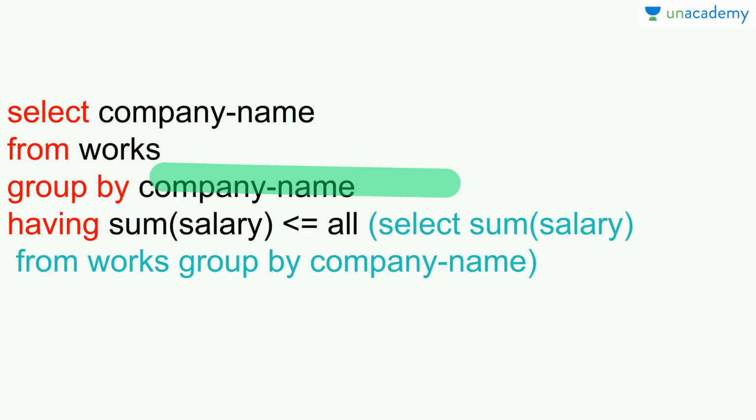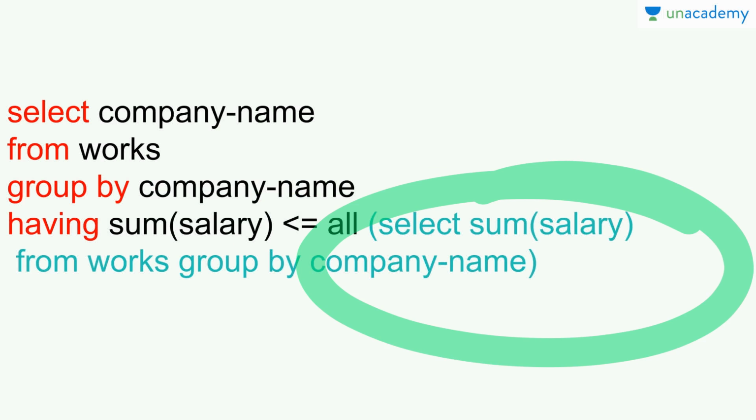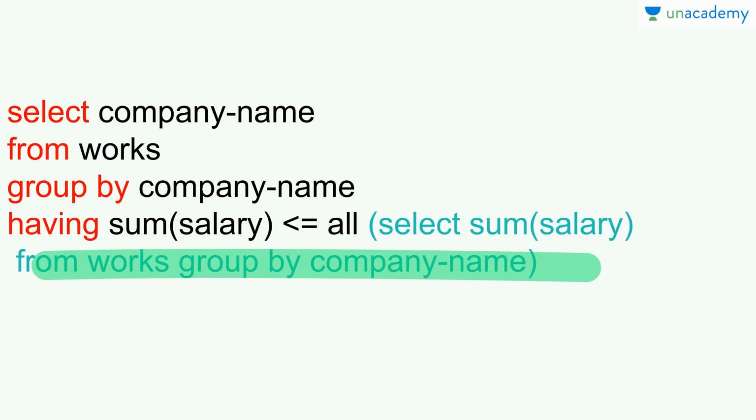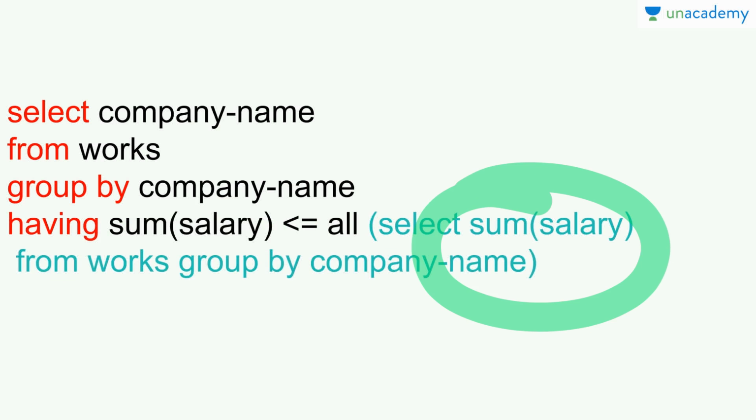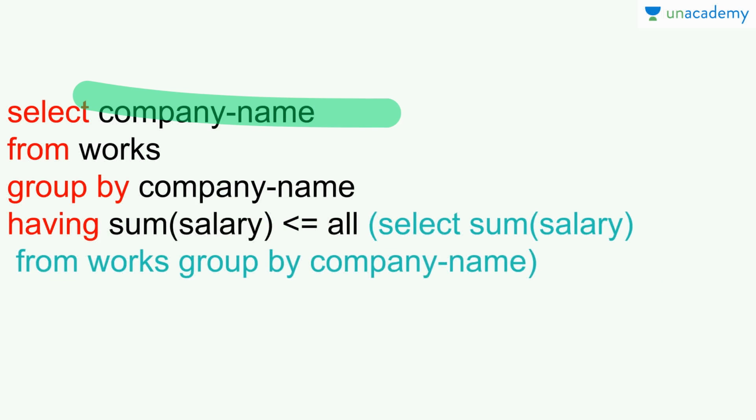For example, if we have a company named XYZ, it will give all the employees working in XYZ company in one group. So it will check all those employees' salaries with this sum of salary of that company. If it is less than every salary, then it will return that company name. Okay.